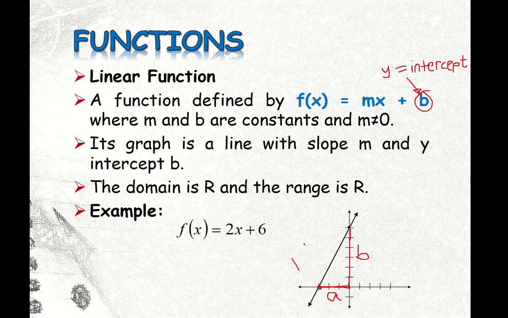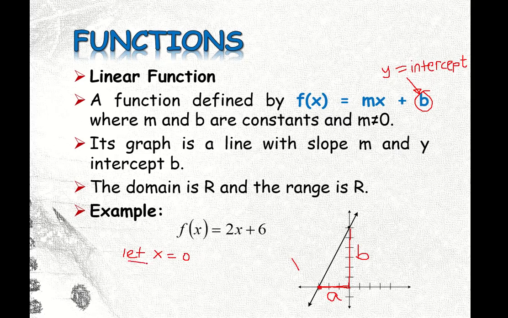Okay, so to graph the line, first we let x equal to 0. When x equal to 0, you can solve for the y-intercept, which is the value of f of x.